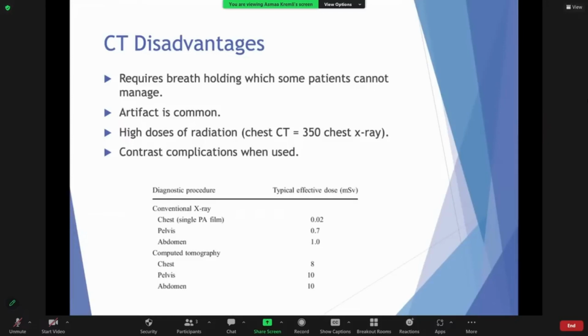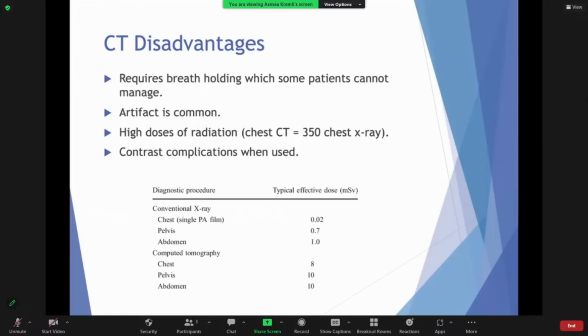Some examples of CT artifacts are beam hardening artifact. Beam hardening artifact is when there are two dense structures beside each other, and we will see lines between them.